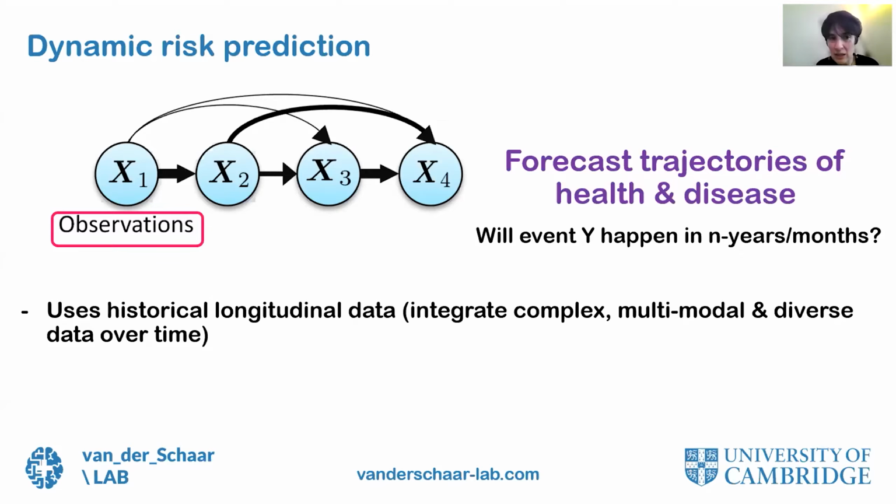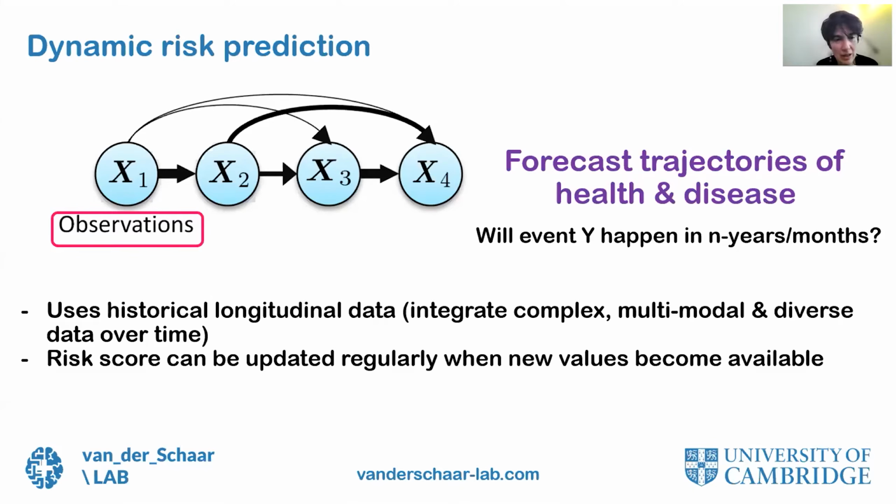So we need to integrate both longitudinal information as well as static information about, for instance, the genetic material of the patient. What is nice about that is not only that we can integrate longitudinal information, but as more values become available, as new observations become available, the risk score can be updated regularly and a new prediction can be made.